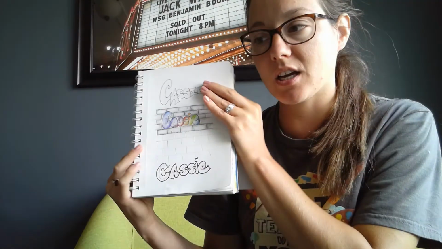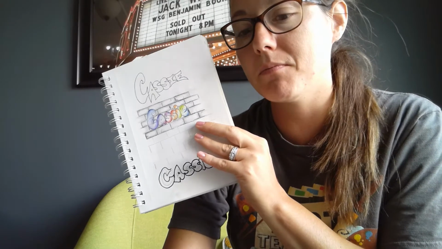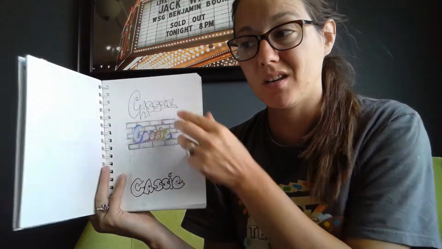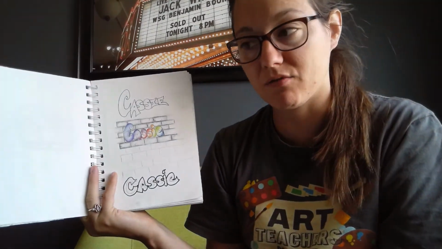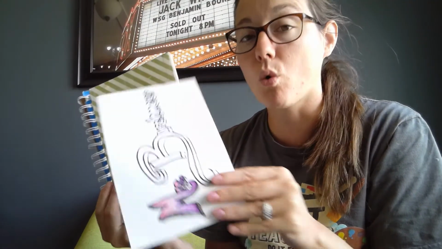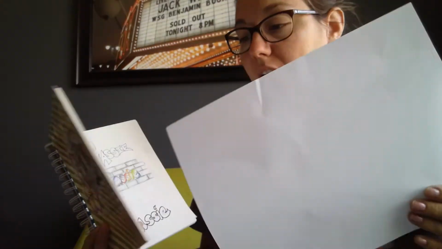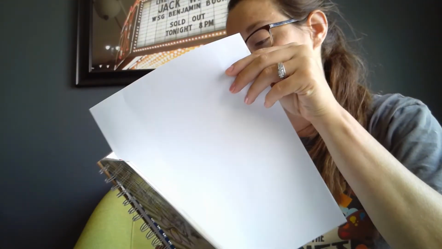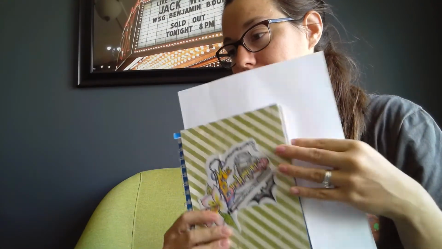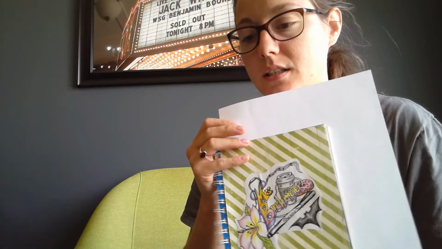So if you have a sketchbook like me, the easiest thing to do to get a piece of paper the exact same size as your sketchbook cover would just be to take a page right from the inside of your sketchbook. And then, well, bam, you've got a piece of paper that's the exact same size. Or you could take a piece of printing paper and you could tuck it inside your sketchbook like this. Make sure it's all in there nice and neat.